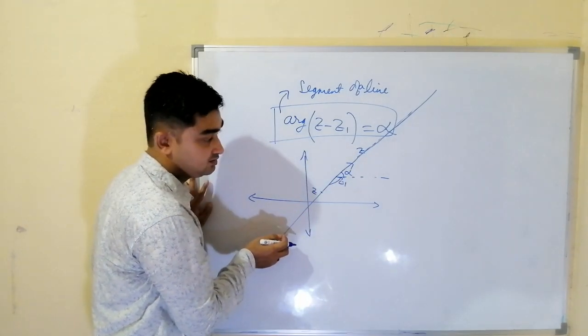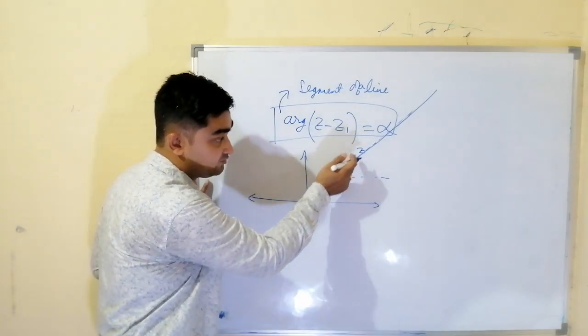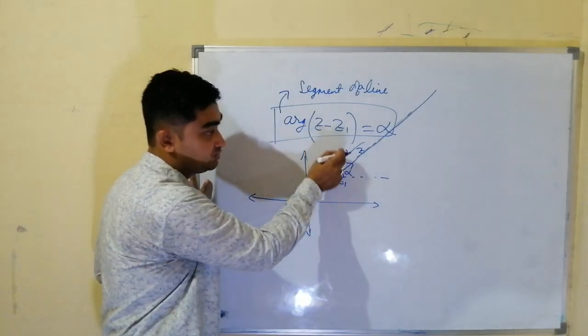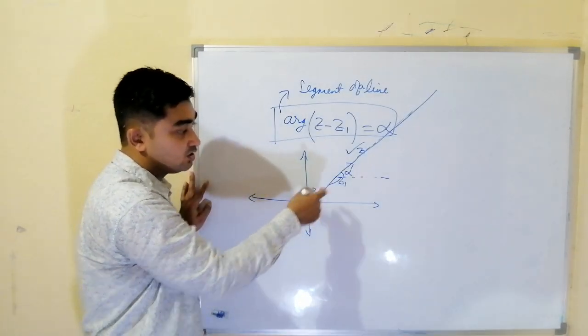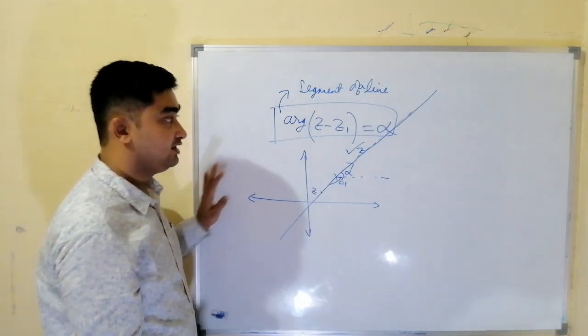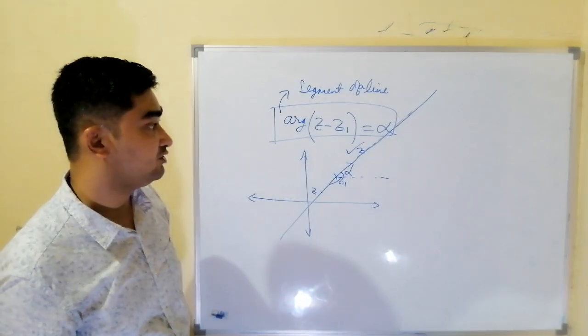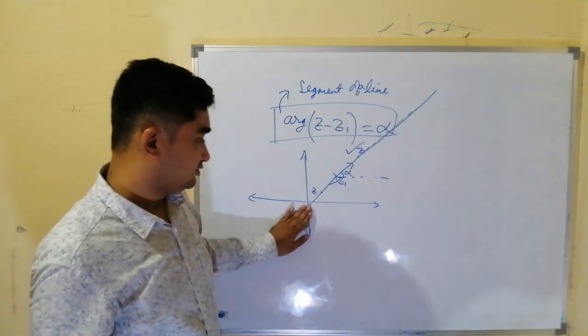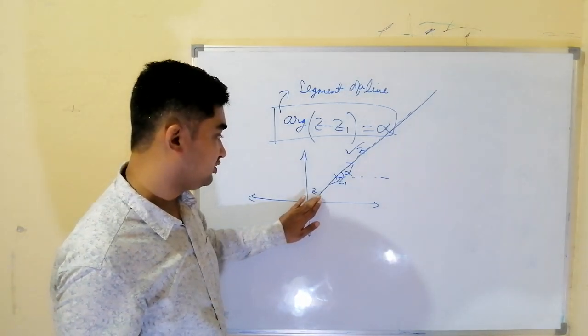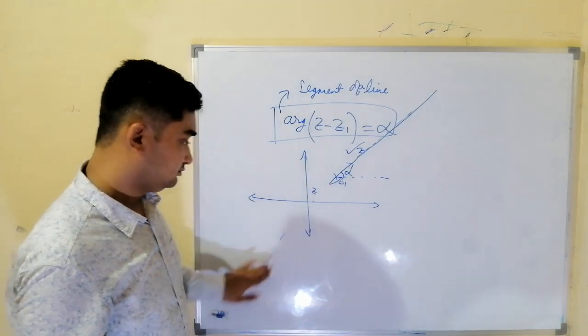That is not alpha. Only this is alpha. So it represents only the upper part, not the bottom part of this line. That means it represents only a segment of a line. So this is the equation of a segment of a line.